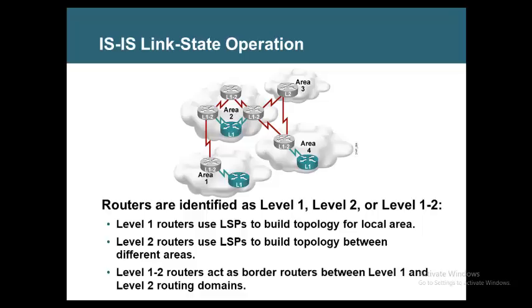Those interconnecting areas will have L2 adjacency. Yesterday when I was closing the class, I was telling you there is L1 neighbor, L2 neighbor. By default, when you enable ISIS, it will be both L1 and L2.